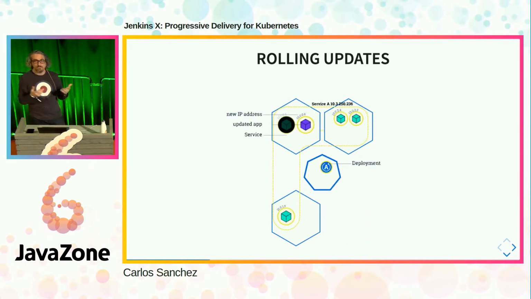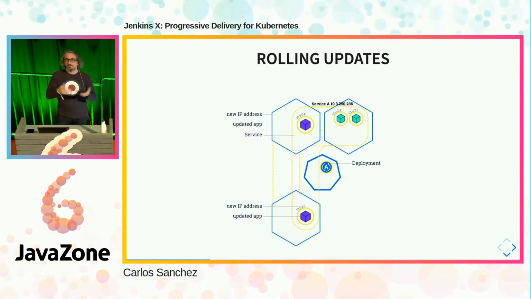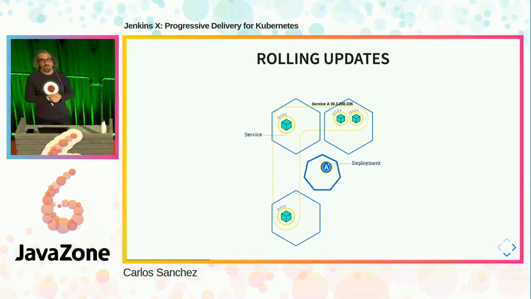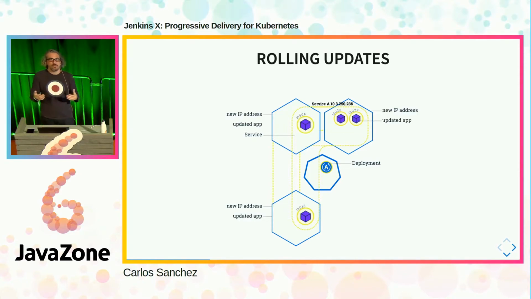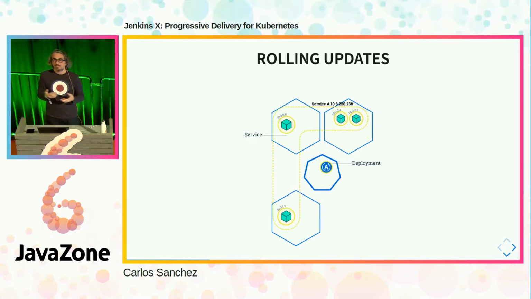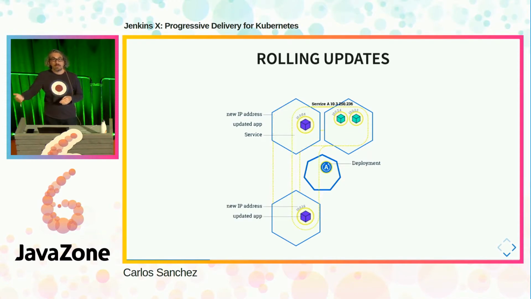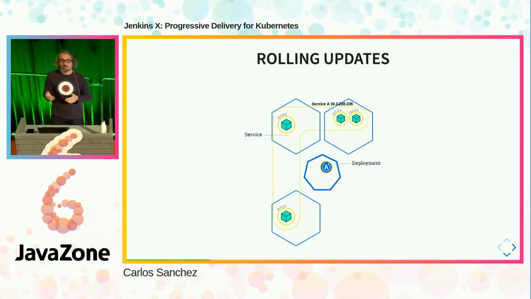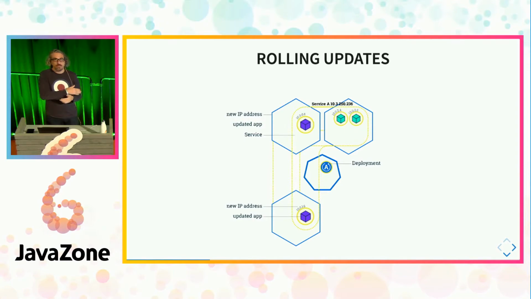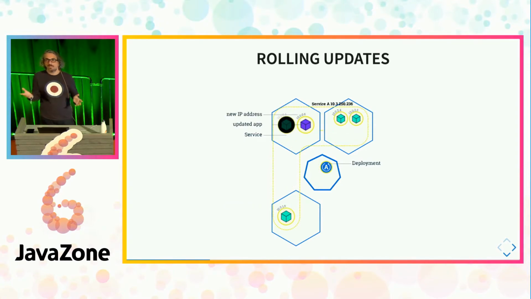So one is rolling updates. This has been popular for years. This is an example of, or a graph of, what you can do today with Kubernetes. It will allow you to do rolling updates, rolling the new version in 1 container at a time. I mean, we've been doing this with bare metal machines, VMs, and now you can do it with containers. So the trick here is you don't update all the things, all the VMs, all the containers, with the new version at the same time.